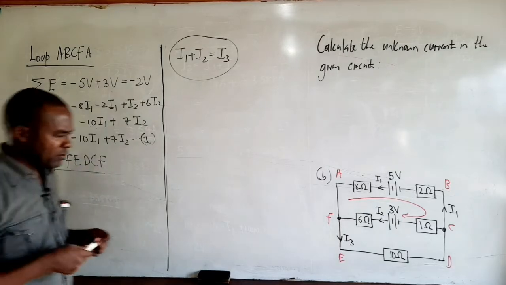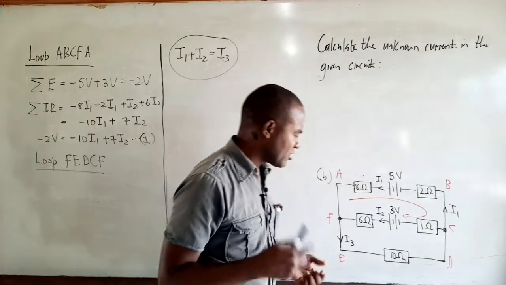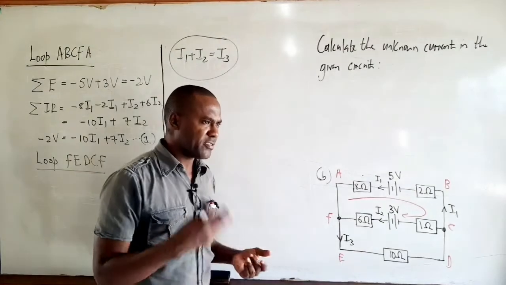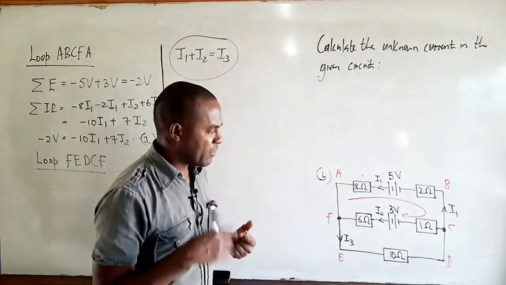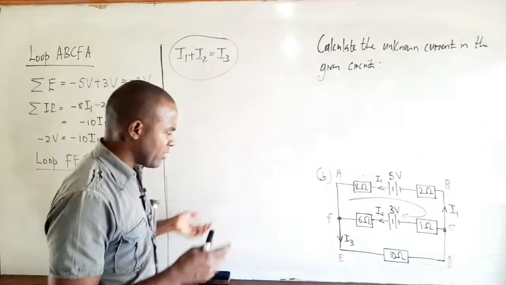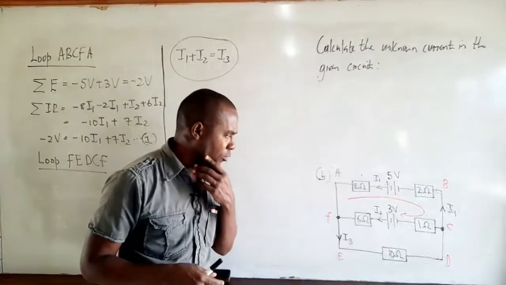So just as before, we identify all the batteries in the loop and we find the algebraic sum of the EMFs. We identify all the resistances and we find the algebraic sum of the potential difference across those resistances, and we equate them and we apply Kirchhoff's second law, right?